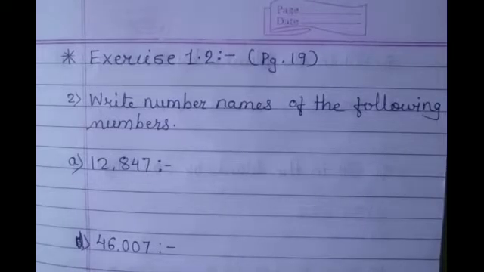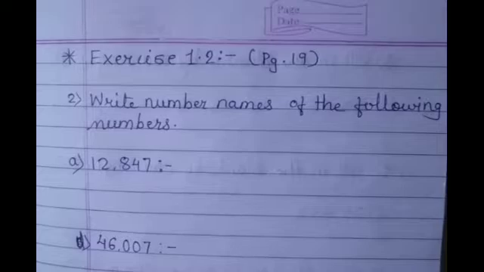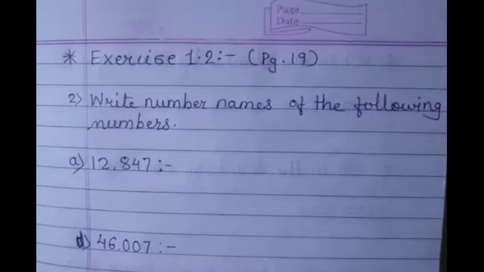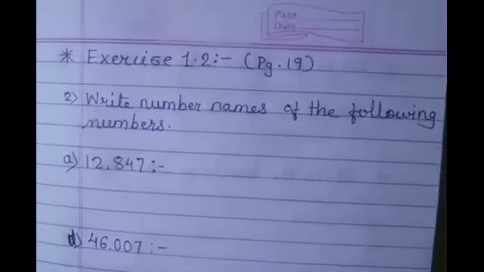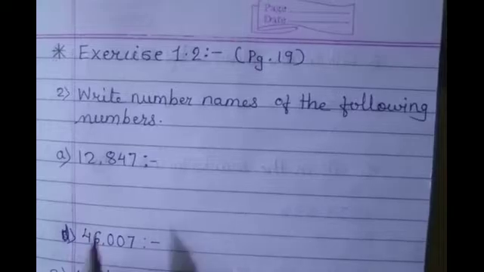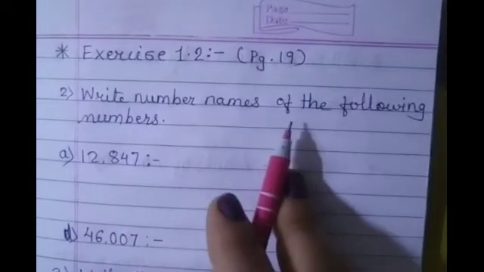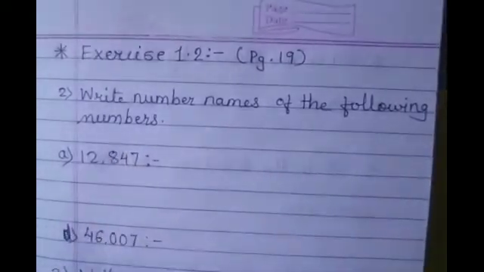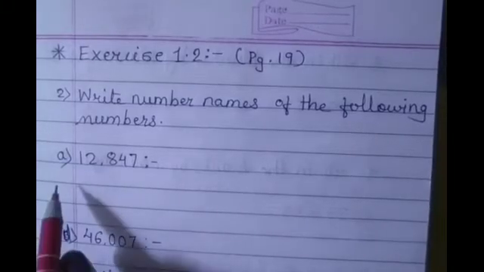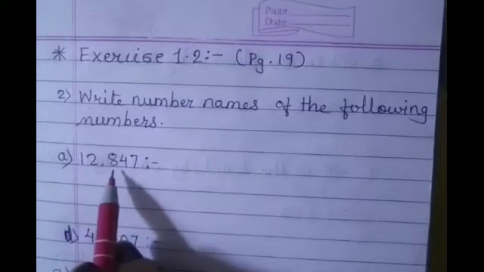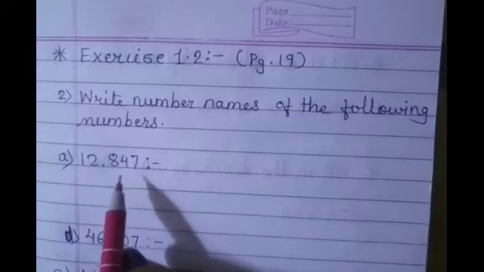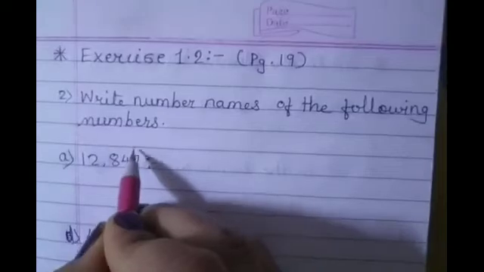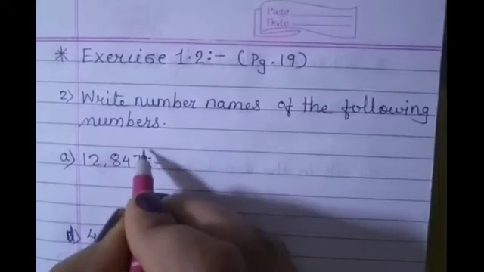First question is writing number with the help of abacus. That is simple and you can do that. Okay. We will start with question number 2, and that is writing number names of the following numbers. Now students, see here the digits given 1, 2, 8, 4, 7. While writing the number names, what we will be doing? We will be writing their places at the top.